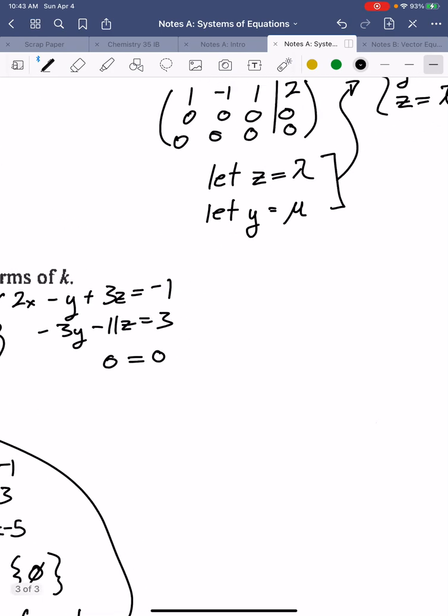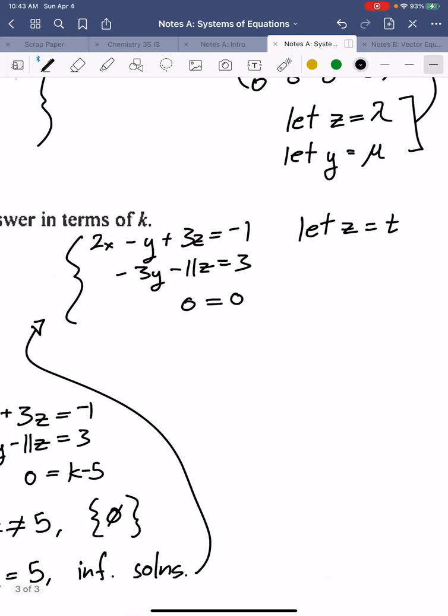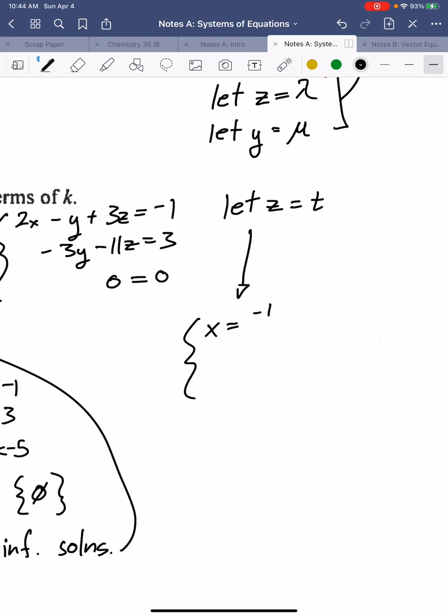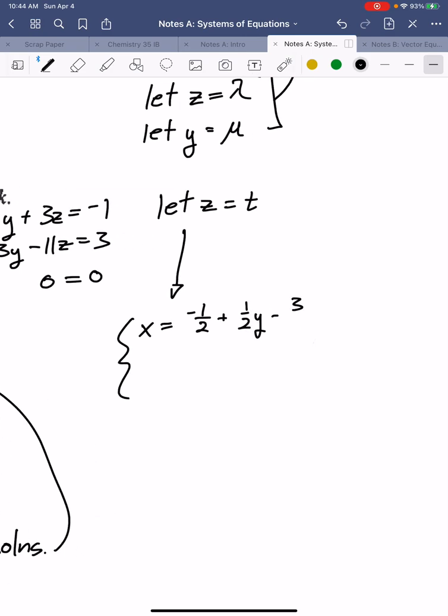Now, given that 0 equals 0, let's let z equal t. So if we let z equal t, x equals negative 1 over 2 plus 1 over 2y minus 3 over 2t.